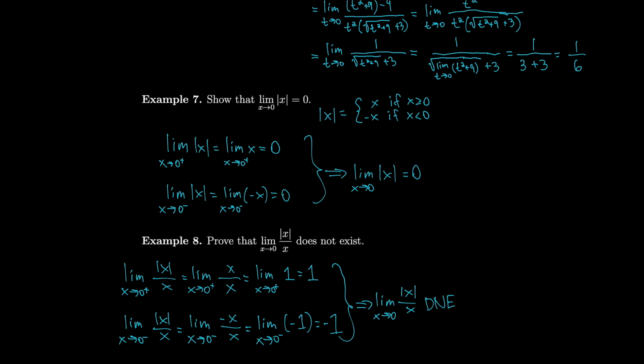This could also be clear if we look at a graph. Remember that for positive values, this function will become absolute value of x over x. It'll become x over x, which is just 1. Right? We can't look at it at 0 because it would be undefined.